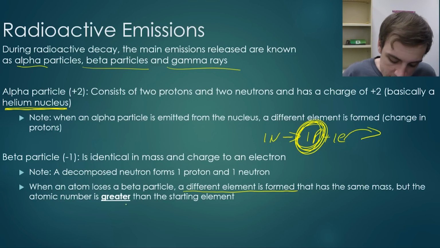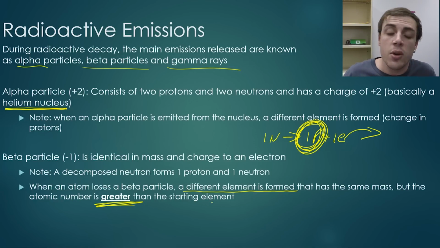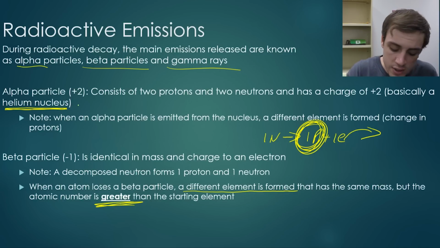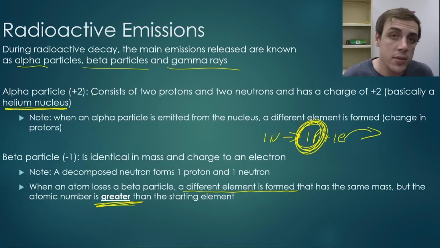So that means it's going to have an atomic number greater than the starting element. Make sure you keep that in mind, okay? Especially if it asks you the difference between alpha and beta particles, or if it gives you a reaction where something happens. You need to be able to figure that out.